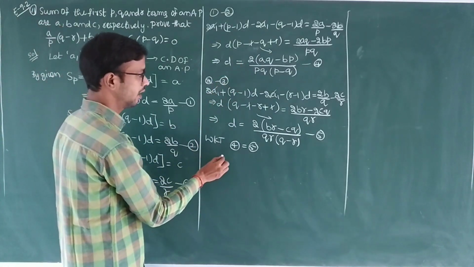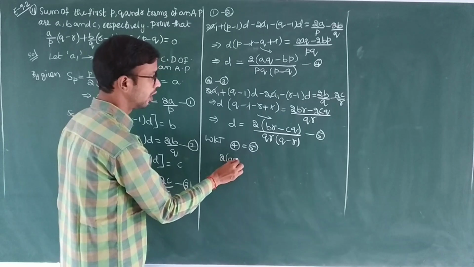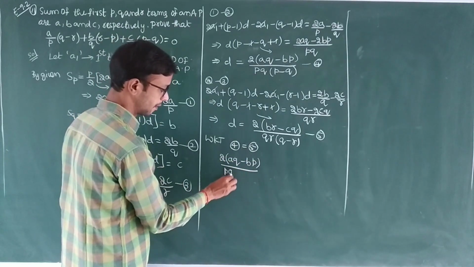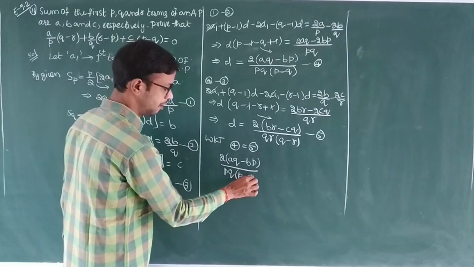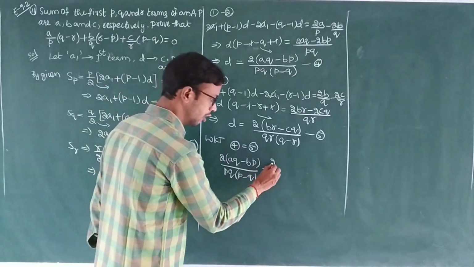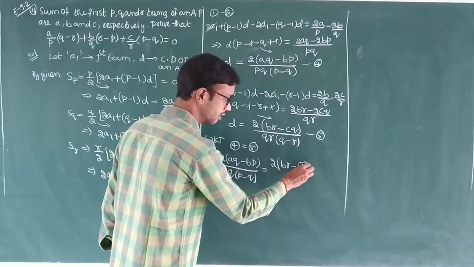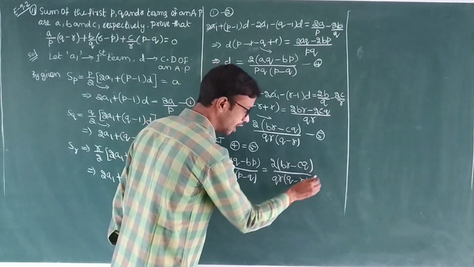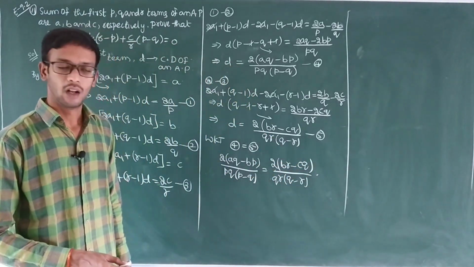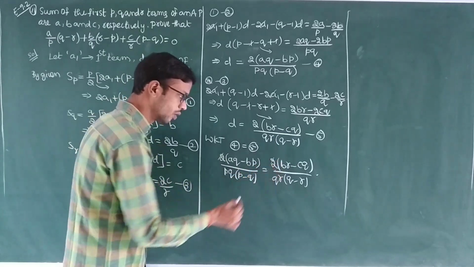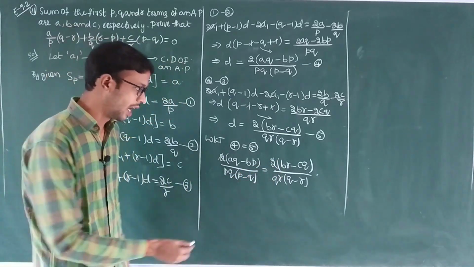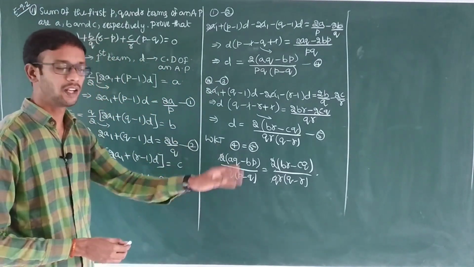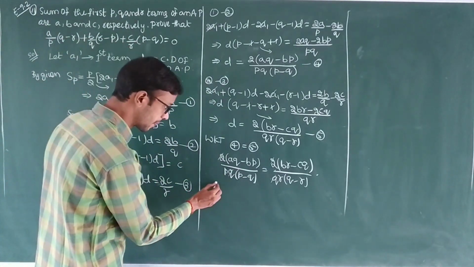So I will write 2 into AQ minus BP divided by PQ into P minus Q is equal to 2 into BR minus CQ divided by QR into Q minus R. Now these two get cancelled, and here Q gets cancelled. Now we make cross multiplication here.